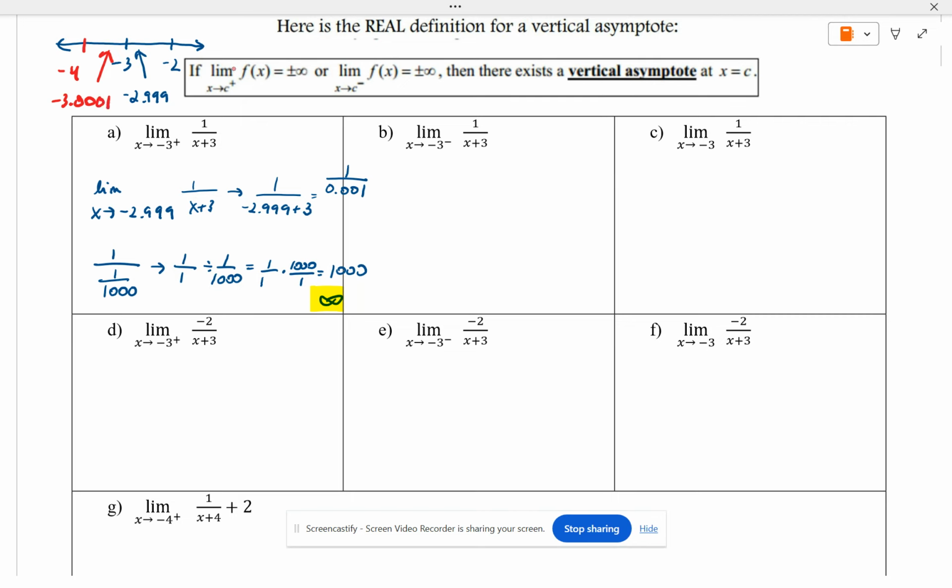So now we're approaching essentially -3 from the left, right? Okay. So now if I evaluated the function at this particular x value, I would have 1 over -3.0001 plus 3, which would end up giving me what? A negative really, really tiny decimal, right?